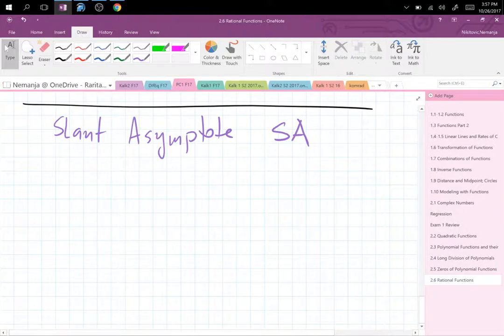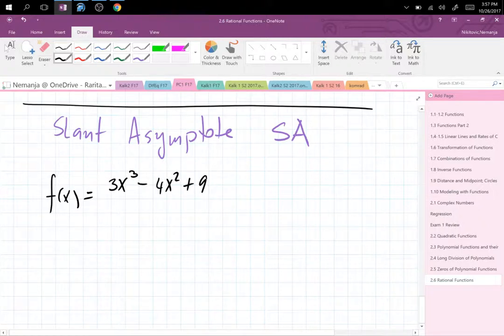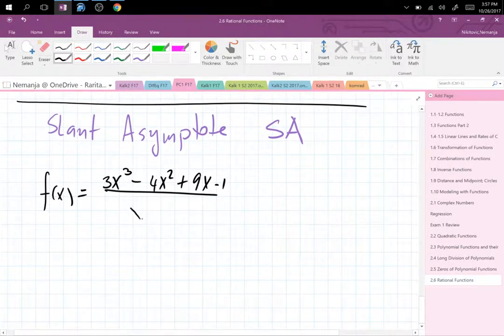So you might run into the word oblique. Oblique asymptote is the slant asymptote as well. All right, so let's say you have f of x equal to (3x cubed minus 4x squared plus 9x minus 1) divided by (x squared plus 4x plus 3).